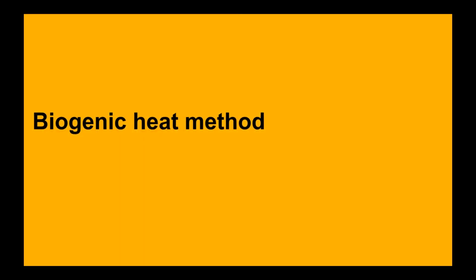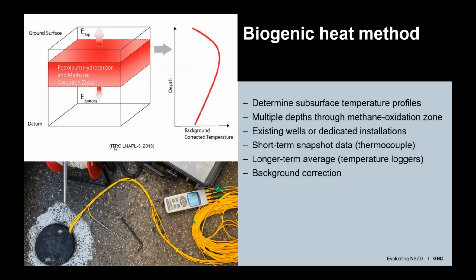All right, so for the biogenic heat method, a little bit more detail. For this method, we want to determine subsurface temperature profiles throughout the LNAPL area. We want to make sure we're taking these temperature measurements throughout the methane oxidation zone in each of the locations.